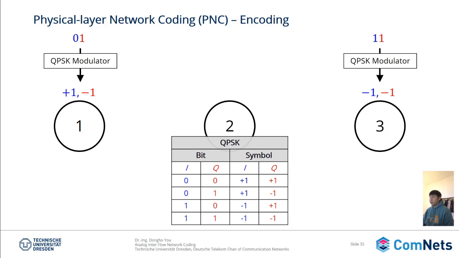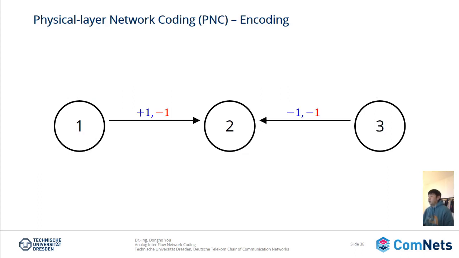As I said, QPSK uses the orthogonality of the basis, cosine and sine. It's totally independent even if we transmit two symbol signals at the same time. So node 1 and node 3 transmit their own symbols to node 2 in the first time slot.